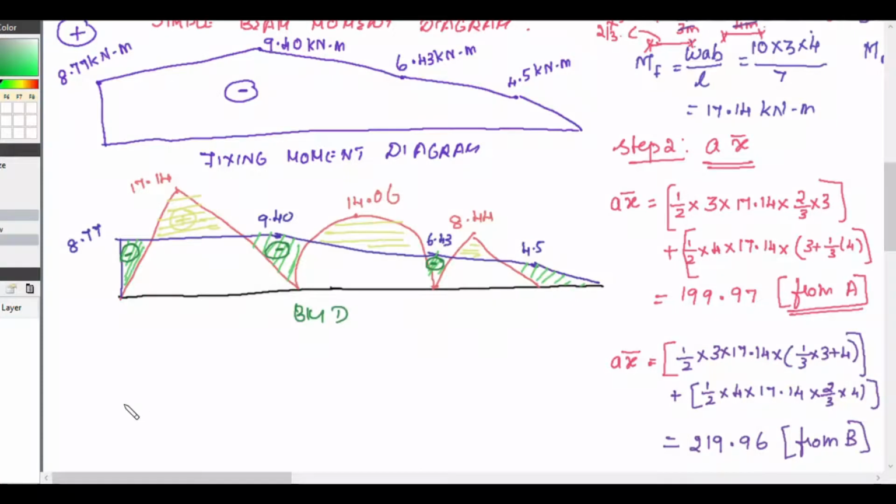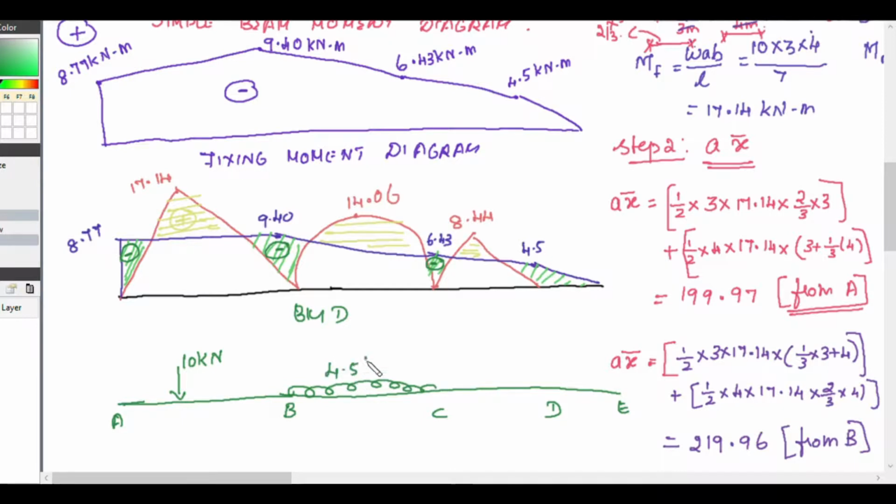So for drawing the shear force diagram, once again we will draw our beam. This is A, B, C, D and E. We have a 10 kilonewton load here. In BC we have 4.5 kilonewton per meter. At CD we have a 9 kilonewton load and at E we have a 3 kilonewton load.